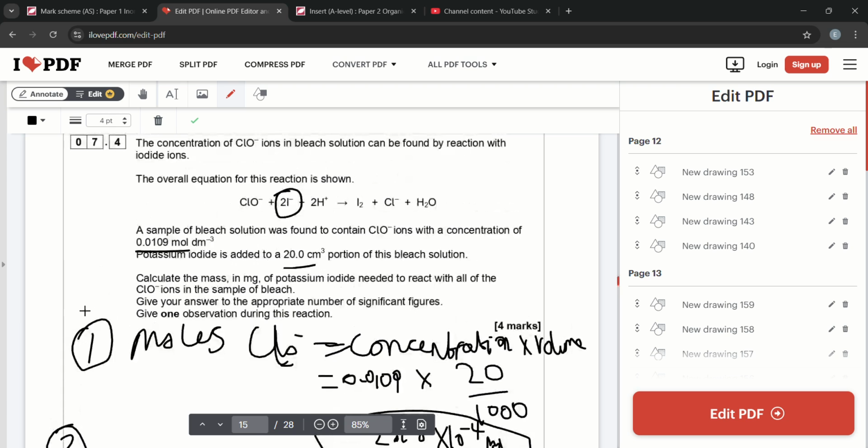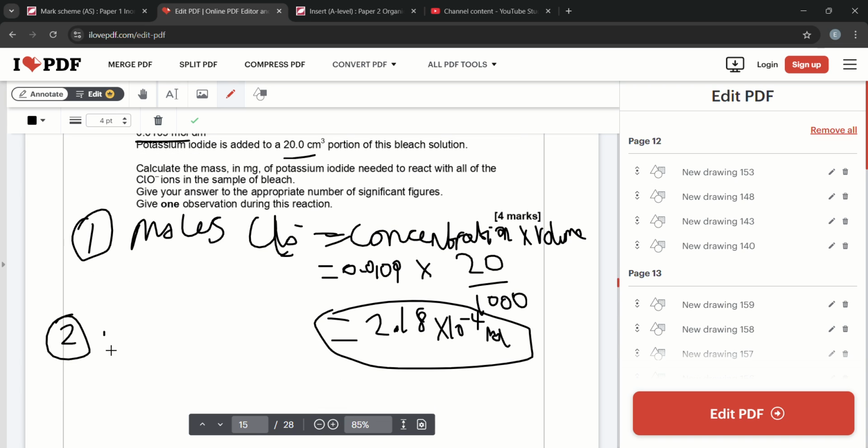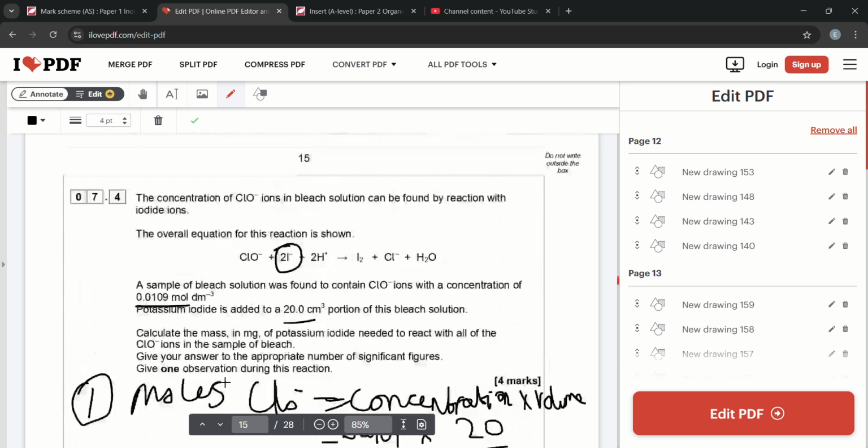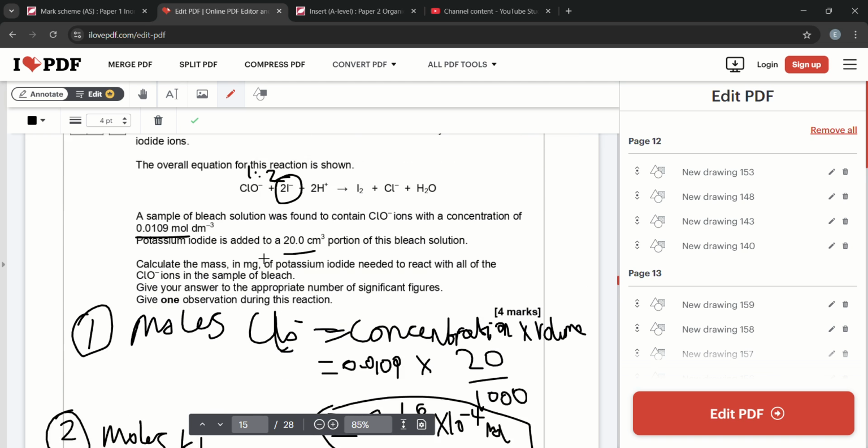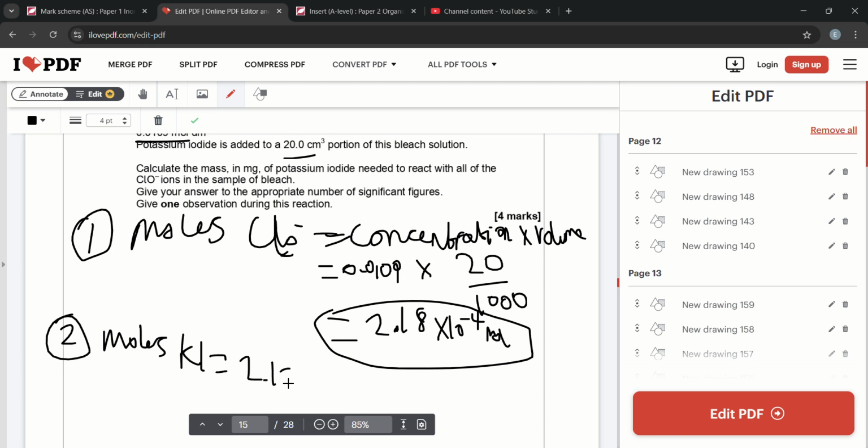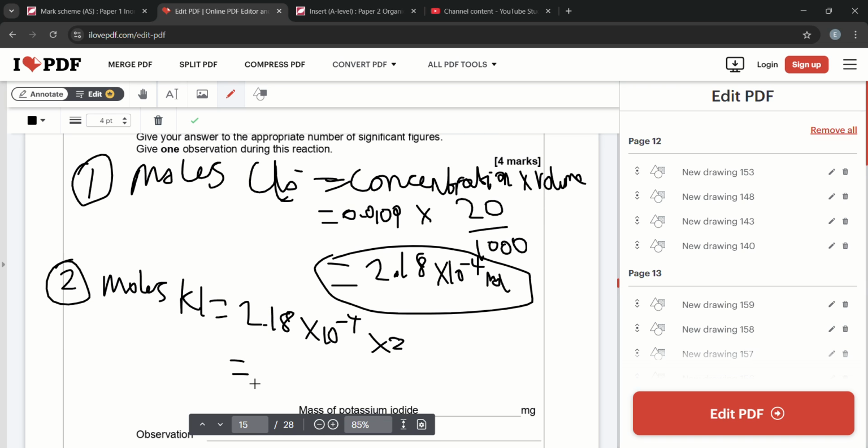Then we can find out the moles of potassium iodide now, because it's a 1 to 2 molar ratio. So we're just going to do 2.18 times 10 to the power minus 4 times 2, and that will give me 4.36 times 10 to the power minus 4.